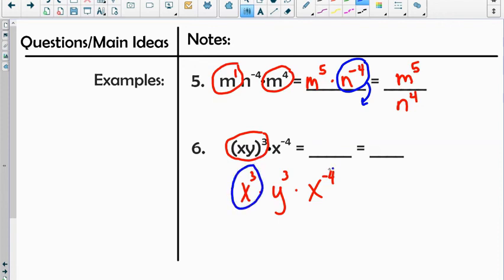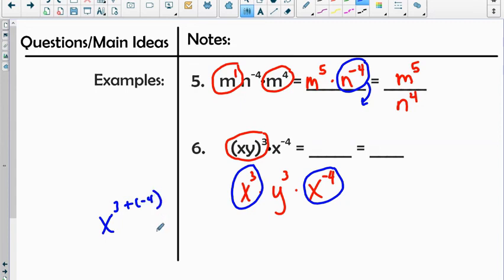So I want to combine those together using one of my properties. And because it's a multiplication property there, x to the 3rd power times x to the negative 4th power, I remember that I'm supposed to add the exponents together. So x to the 3 plus negative 4th power.